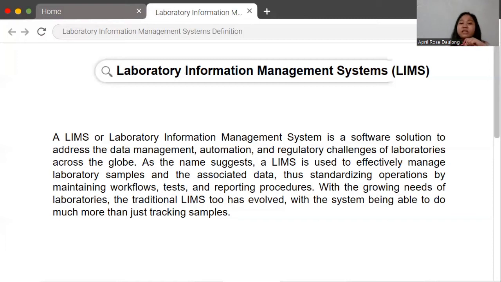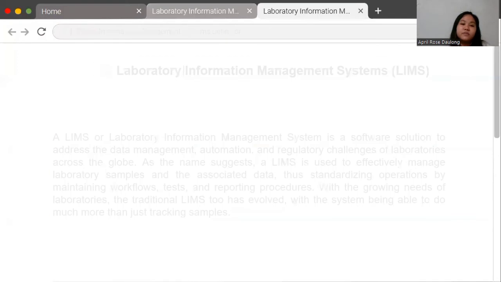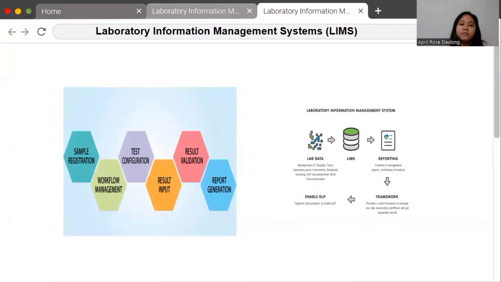So it has many advantages and functions sa laboratory na mag-produce siya or mag-improve siya mga lab productivity and efficiency. So these, as you can see, are the examples or pictures na makita ninyo about sa LIMS.